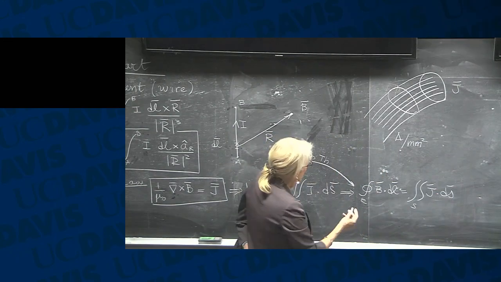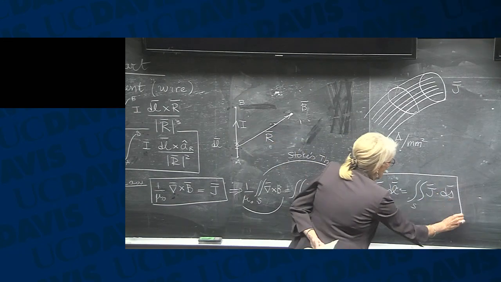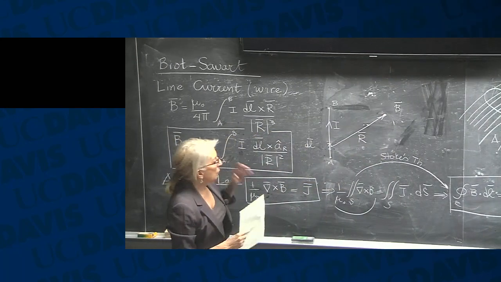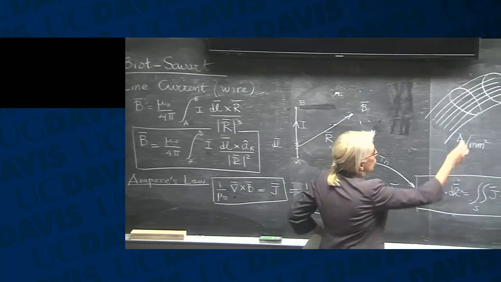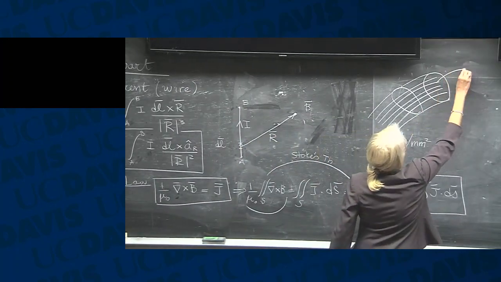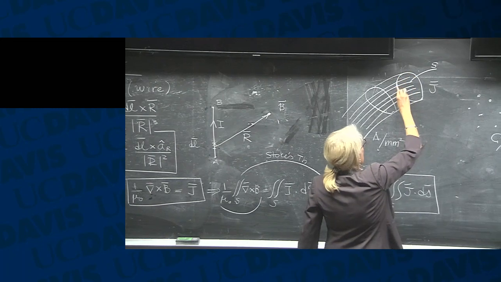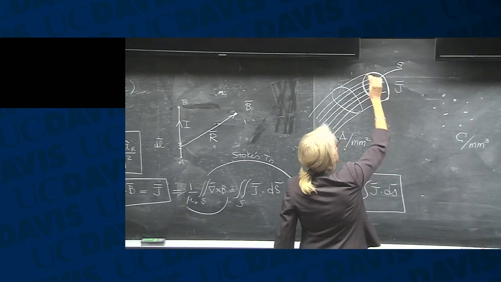So practically, this is the simplest form of Ampere's law, where S is this and C is this.